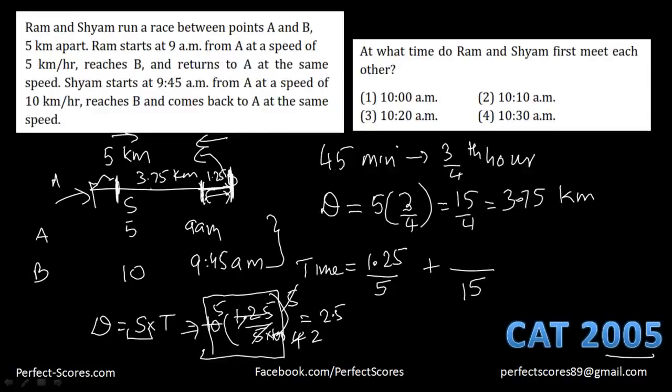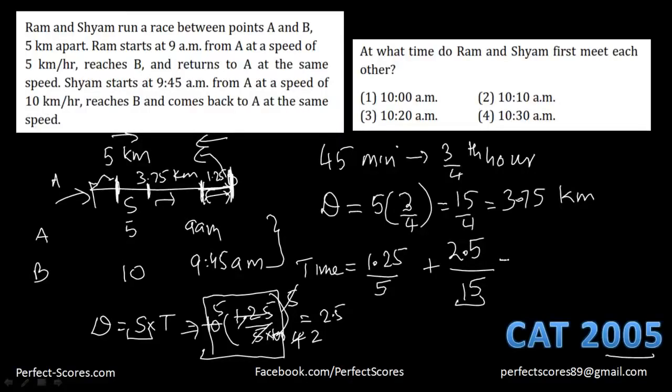That means car B is somewhere here. That means the distance between them is actually 2.5 kilometers and the relative speed is 15. That means the time taken for them to meet would be 2.5 by 15 hours.